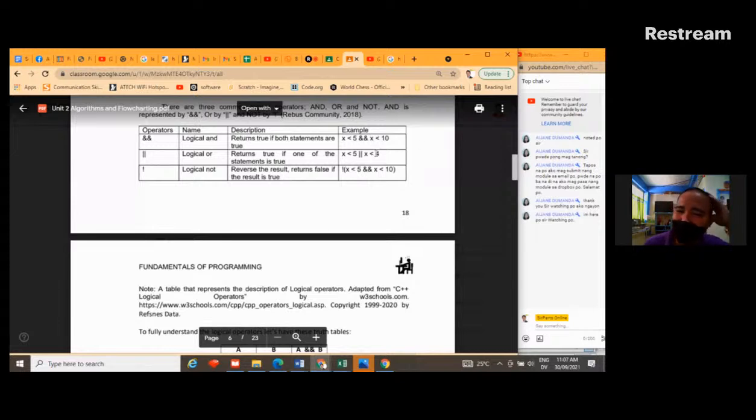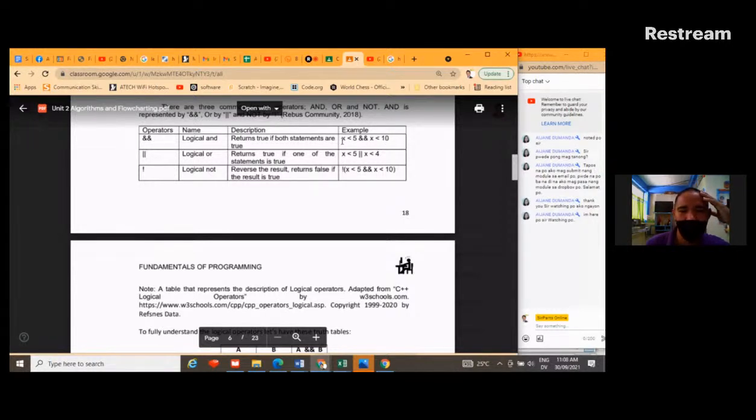If x is 3, therefore this is true. So 3 is less than 5 and 3 is less than 10. So we could produce an output of true if x is 3. If x is 10, therefore the output would be false because 10 is not less than 5 and 10 is not less than 10. That is equal. So that will be false.